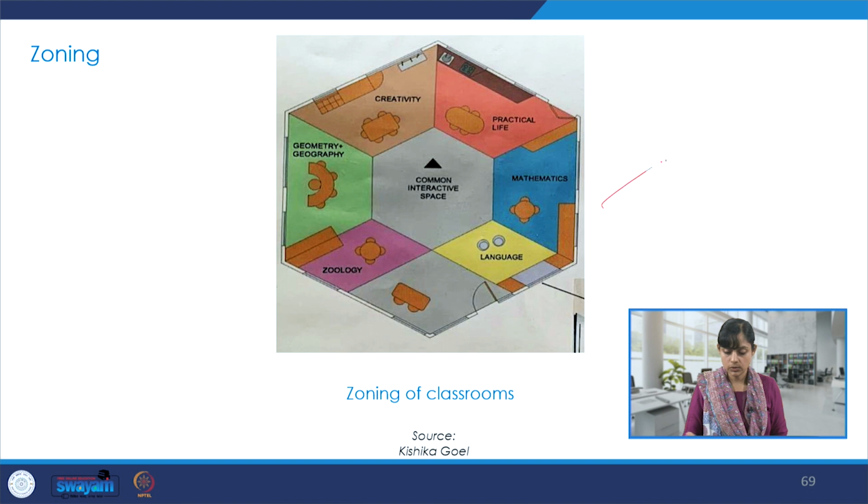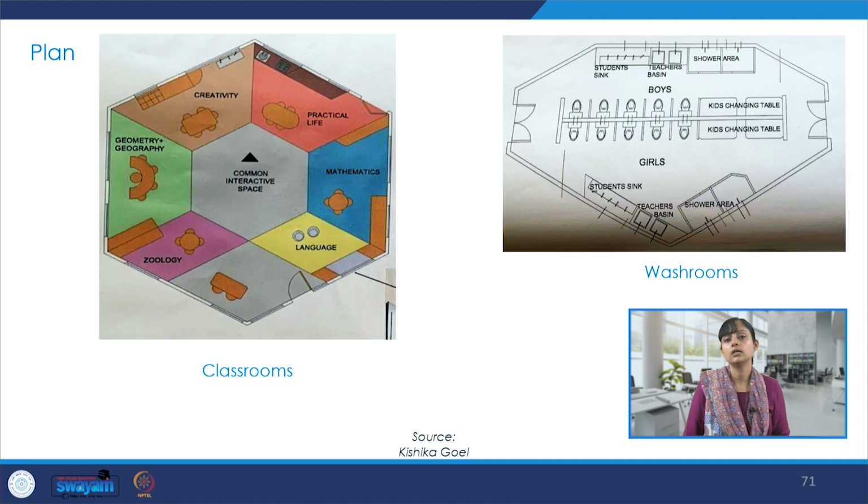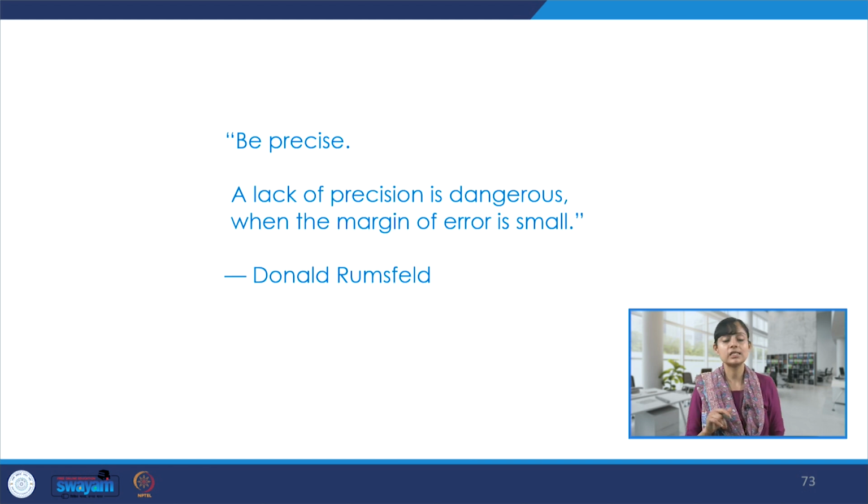Of course, the zoning, how the zoning is done within a classroom also, and then otherwise on a larger scale. And then of course, entire site plan, how you develop it, and then the detailed drawing within a space. So these are some examples from a portfolio, but I would insist again that proximity matrix and mapping is very useful for projects, interior architecture or otherwise.